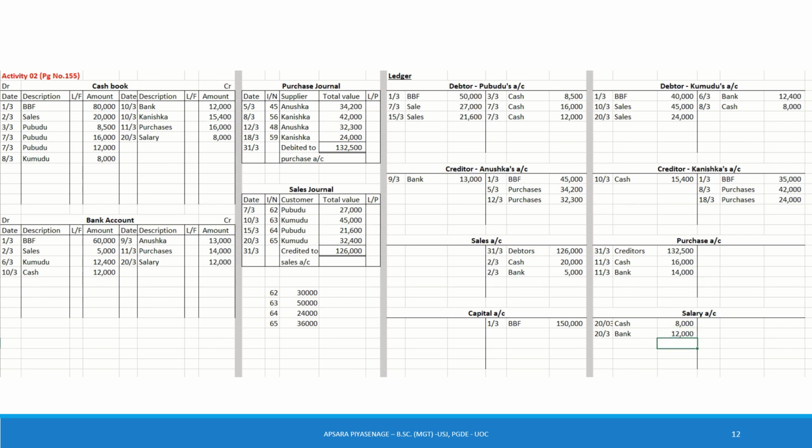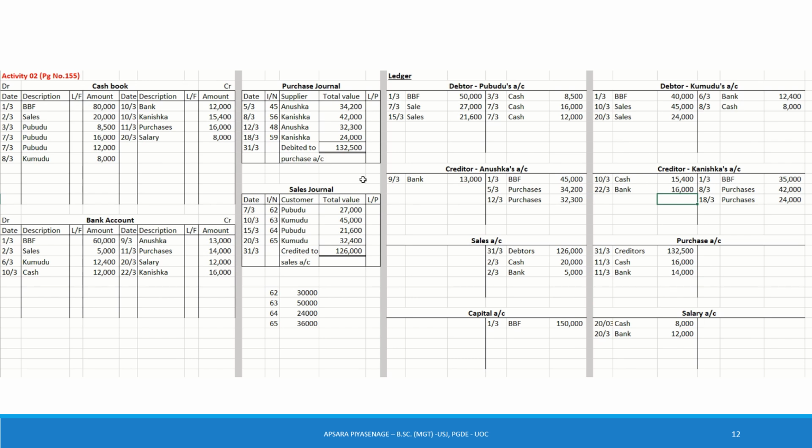Then the last payment is a check payment to Kanishka, 22nd of March, to Kanishka 16,000. And Kanishka's account should be debited with that. Bank 16,000. Right.